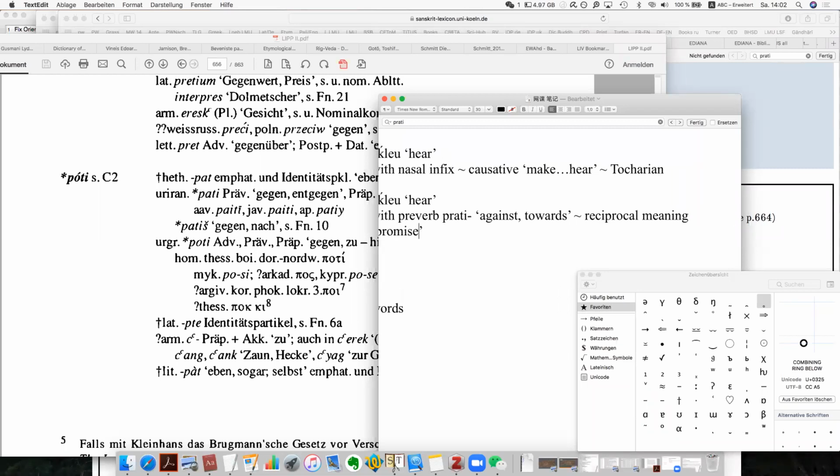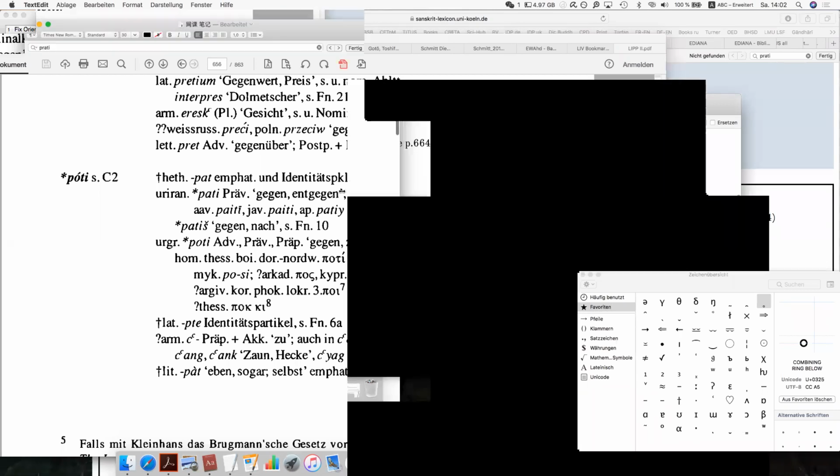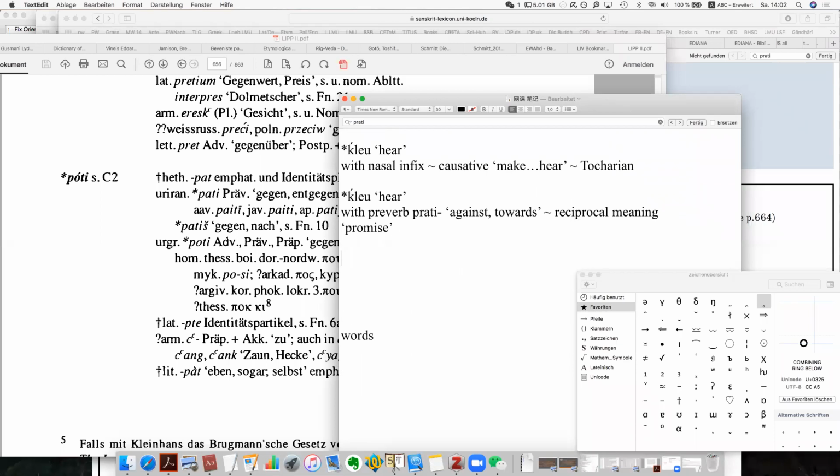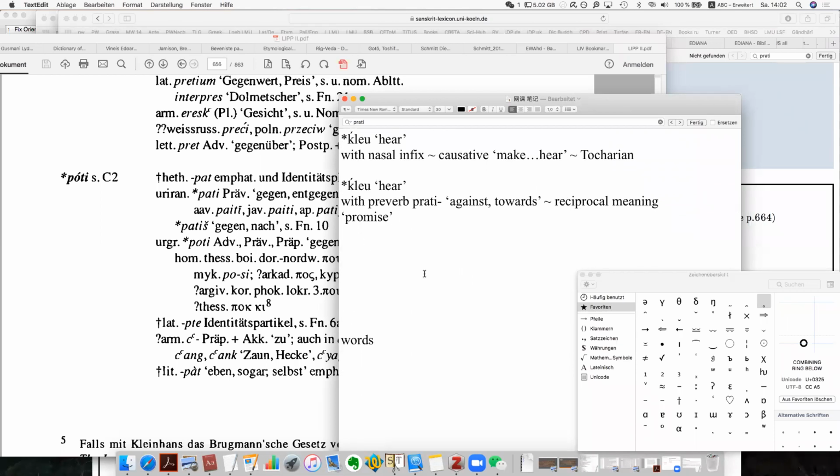And then based on this, verbs meaning perception, the perception words, can be reciprocal.